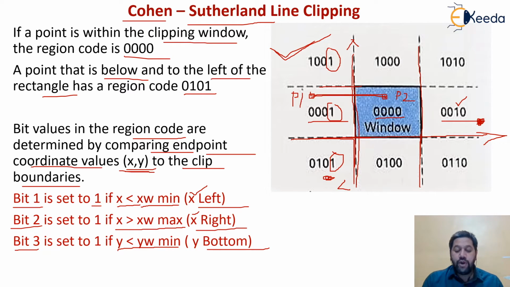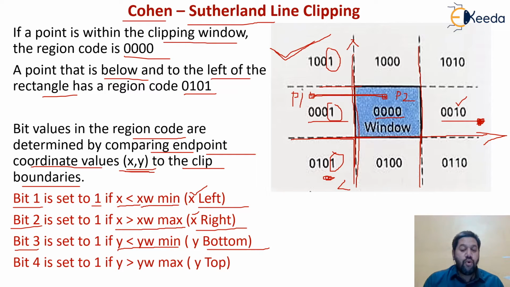Bit number 4 is set to 1 if y is greater than yw maximum. Yw maximum is nothing but my top edge. So this is what we are going to consider.